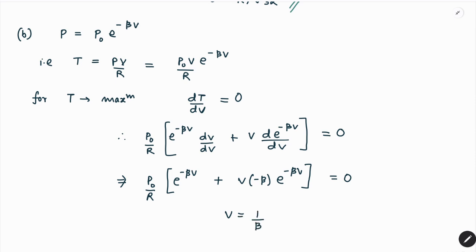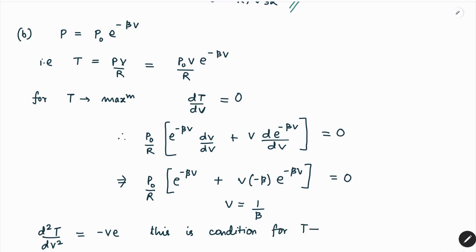Now similar to the above expression, we can write that d square T by dV square is turning out to be negative, hence this is the condition for temperature to be maximum, and on substituting the value we get maximum temperature value as P naught by e beta R. So this is the second part of the problem which we have solved.